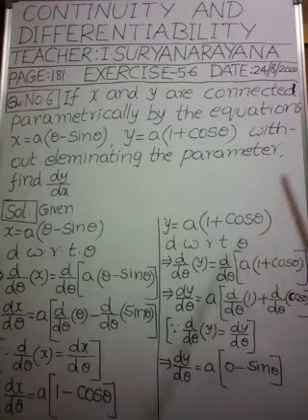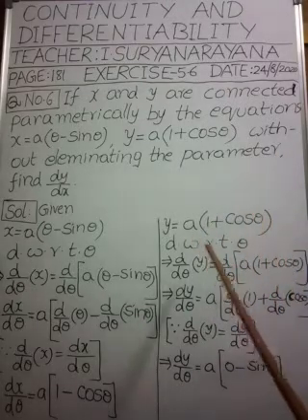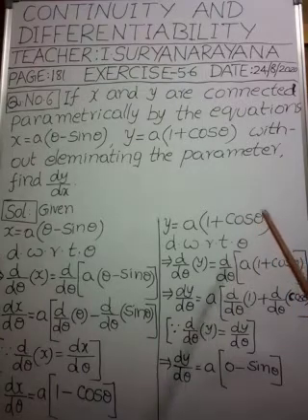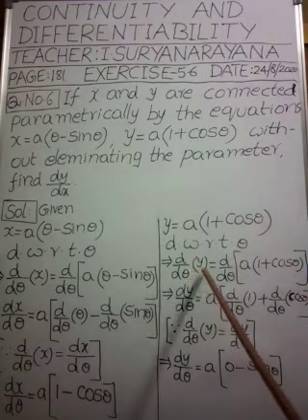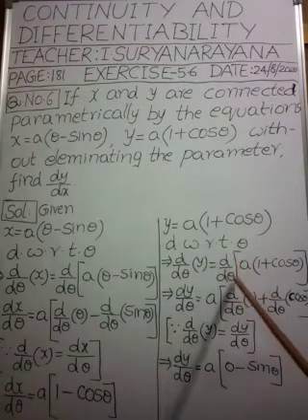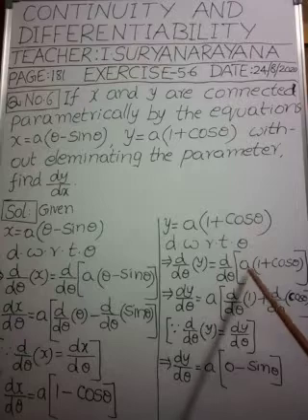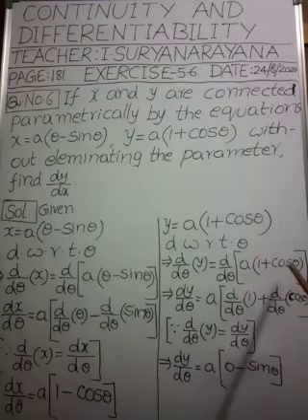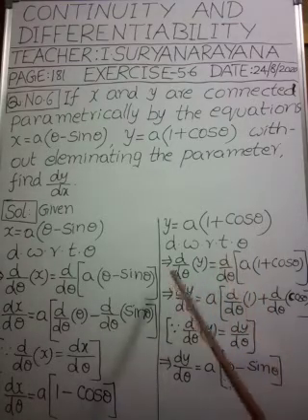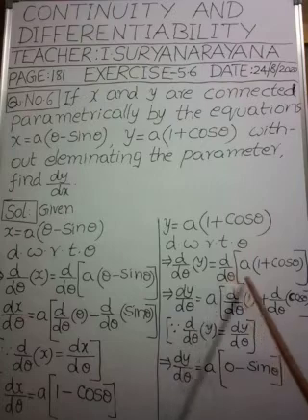Understood, my children? So what is the differential operator? D by d theta. So d by d theta of y is equal to d by d theta of a into 1 plus cos theta. In this step, I wrote only the differential operator on both sides. Understood this step, my children?